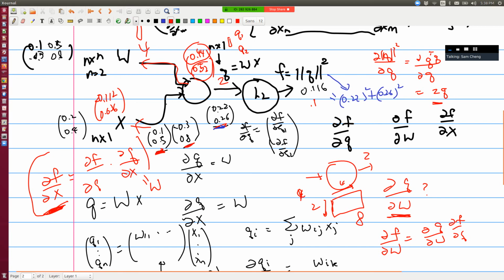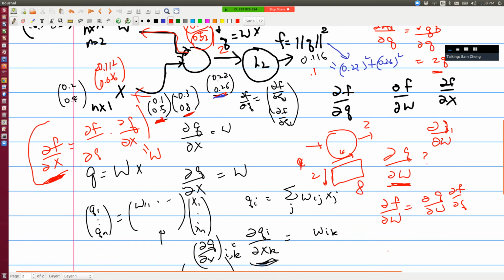Then I may ask what is partial Q1, partial W. The size of partial Q and partial W will just have the same size as W, because in this case you have multiple inputs but one output.